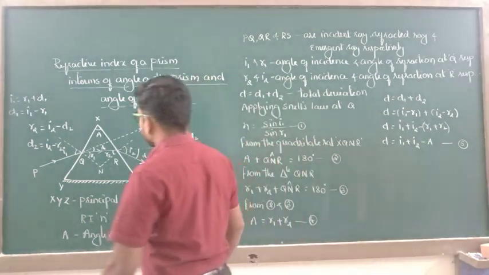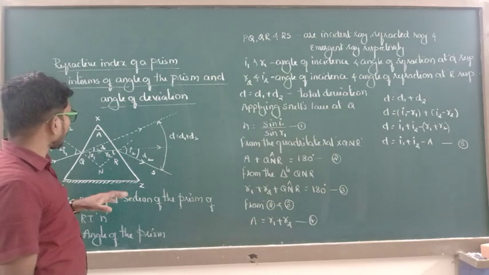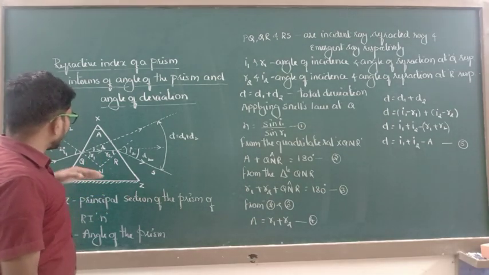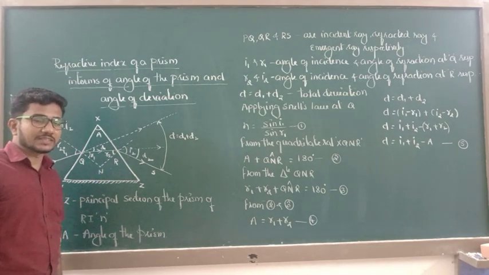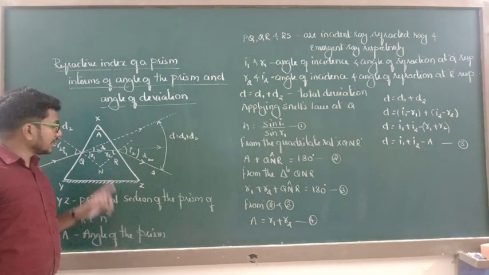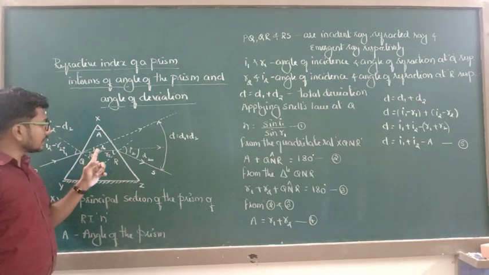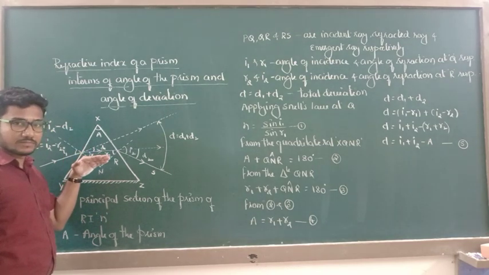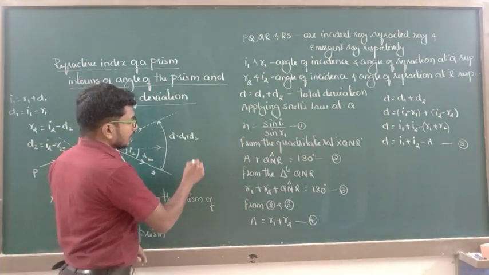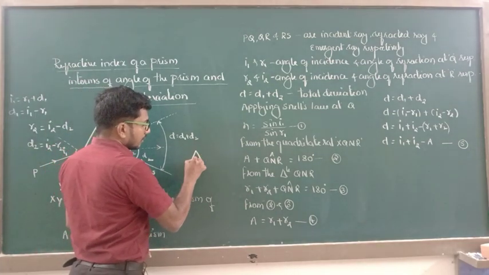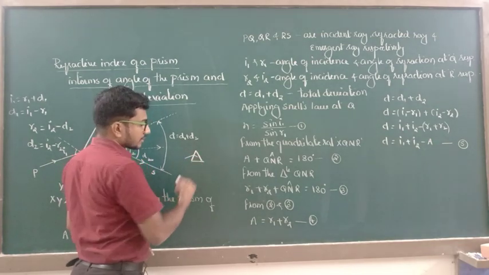Now in case of this prism, when this prism is under a minimum deviation condition, see here, when a light ray tends to travel from rarer to denser, it bends towards the base.